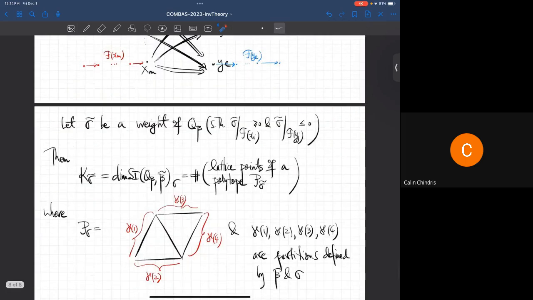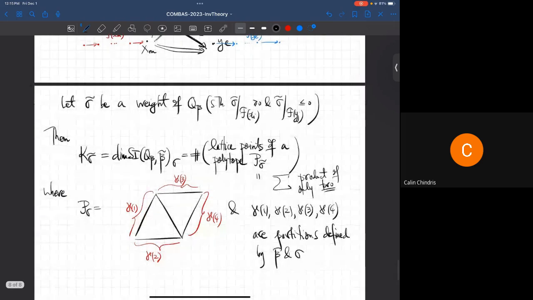And in the end, we ended up with this description, which can be written as just a sum of a product of only two multiple LR coefficients.